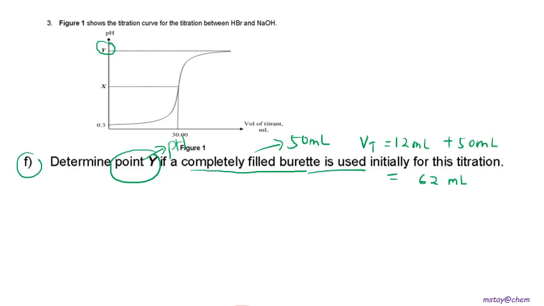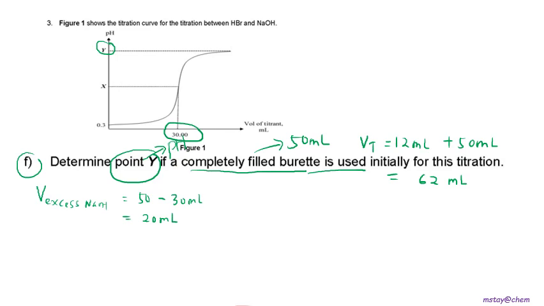And then we know that 30 ml of the NaOH will cause the equivalent point to be achieved. But now we add 50 ml, so the volume of excess NaOH is equal to 50 ml minus 30 ml, which is 20 ml.